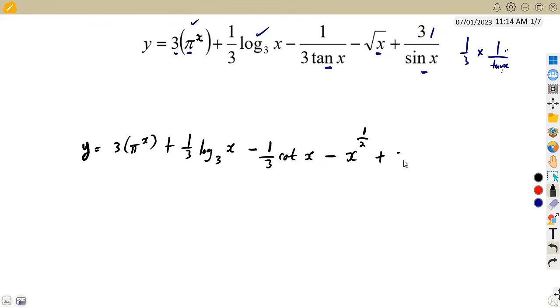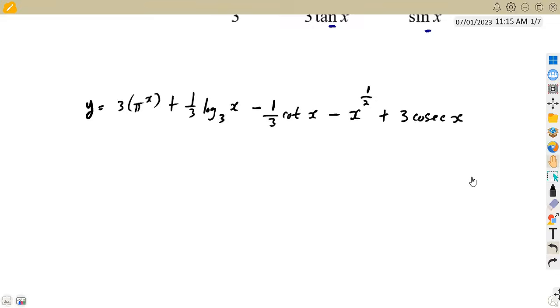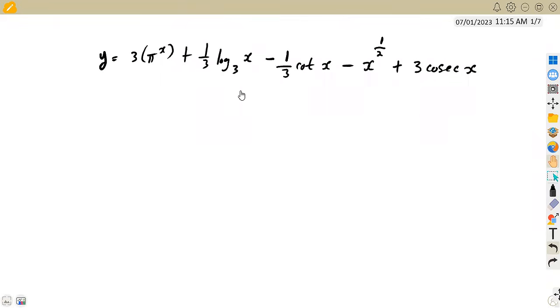So this is going to be 3 cosec x in this case. You are supposed to understand our trigonometry so that we can simplify first before you differentiate. All right, so this is what you have. Before you can differentiate, we have rewritten this given equation in a way that we understand from our standard derivative.